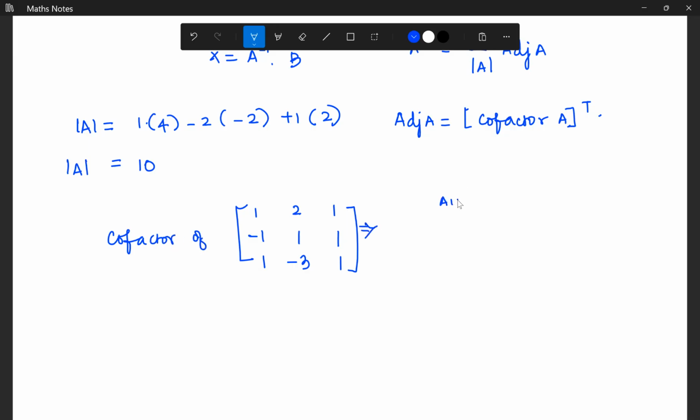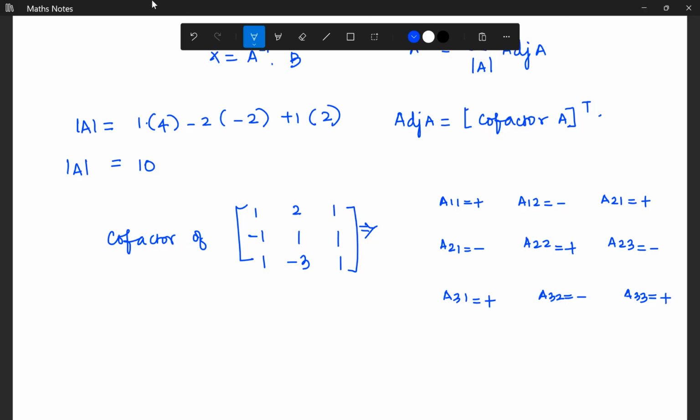So A11, A12, A13, A21, A22, A23, A31, A32, and A33. The signs are plus, minus, plus, minus, plus, minus, plus, minus, and plus.